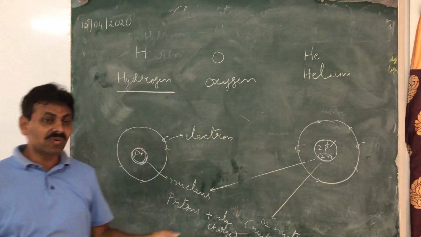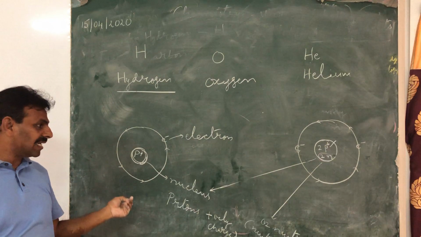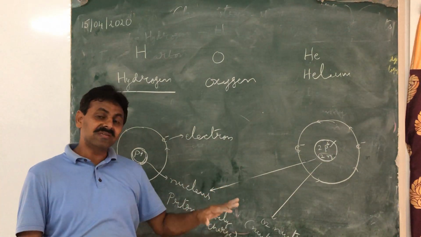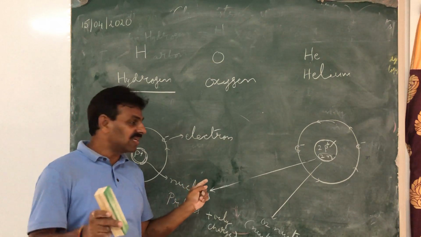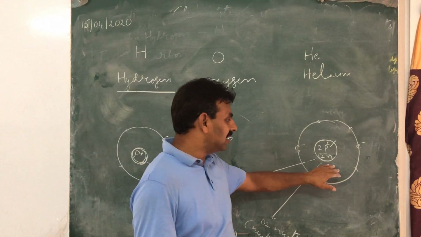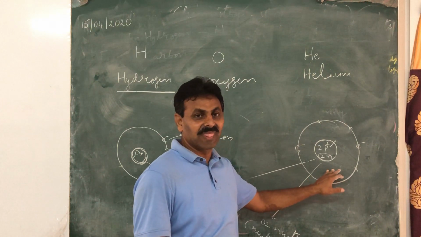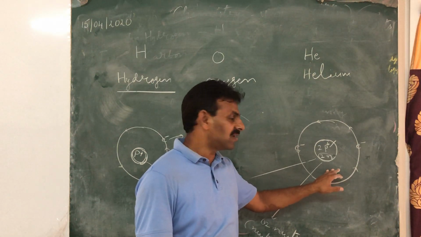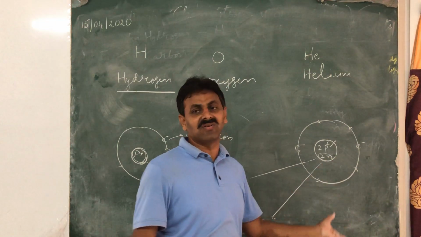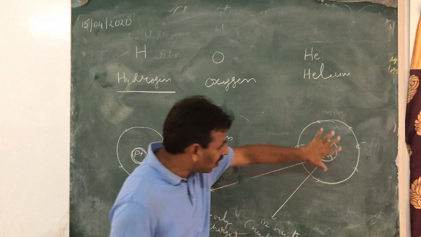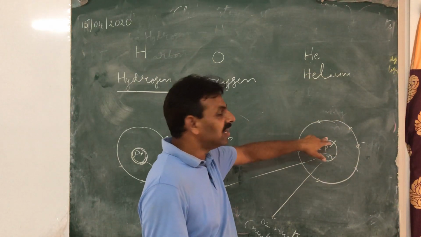So this is how the atoms of different elements have different properties, because of the differences in the structure of their atoms. When I say structure, I mean the number of protons, neutrons and electrons. This is the structure of the helium atom.